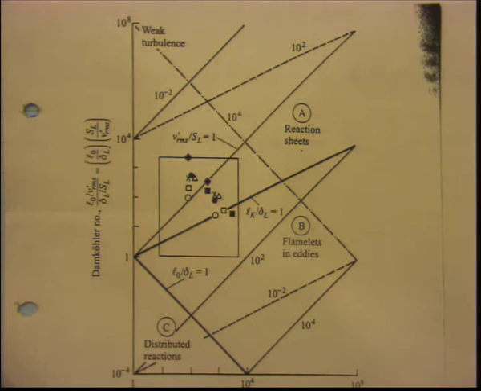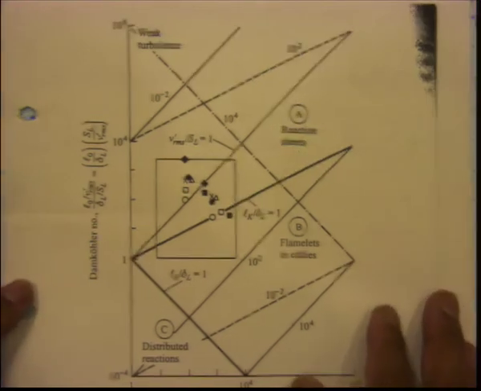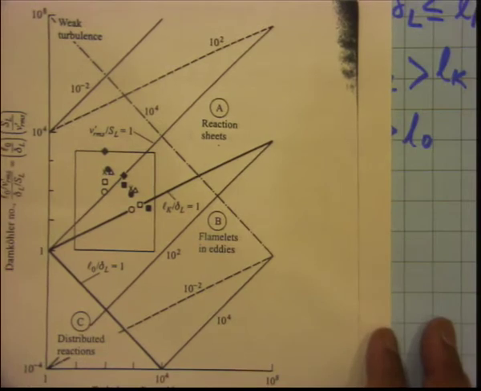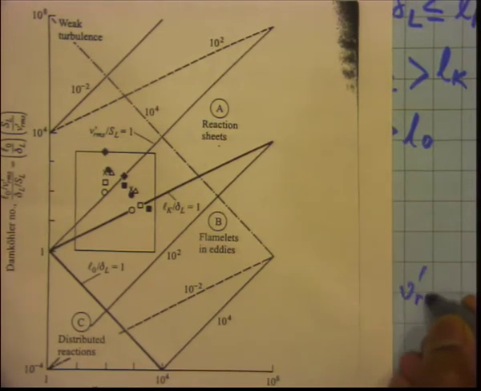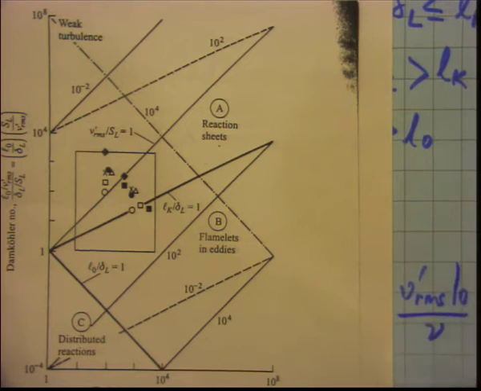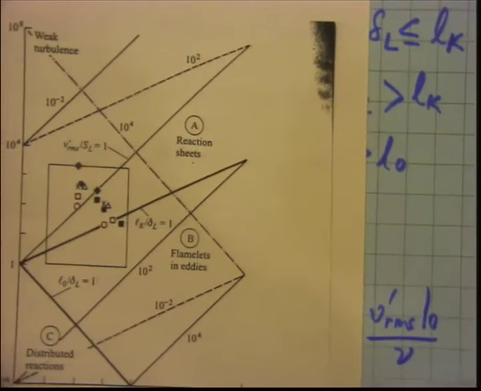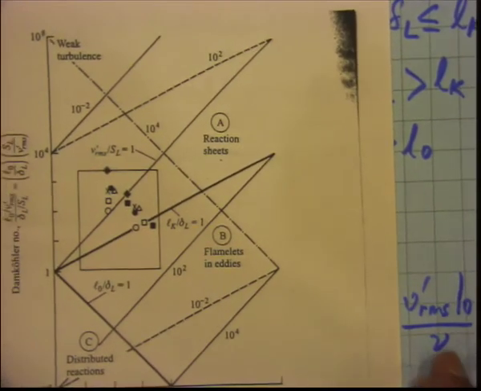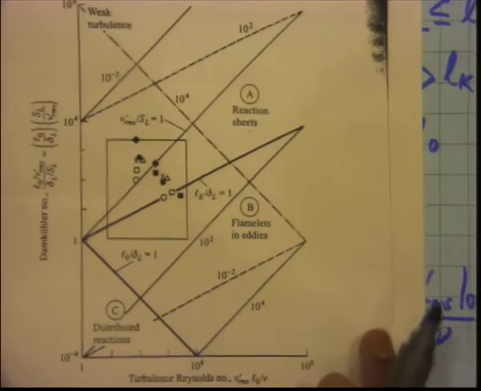The turbulence Reynolds number is V prime RMS into LO divided by nu. Maybe what I can do is shift this a little bit and write V prime RMS LO by nu. This is what I mean. This is on the x axis.